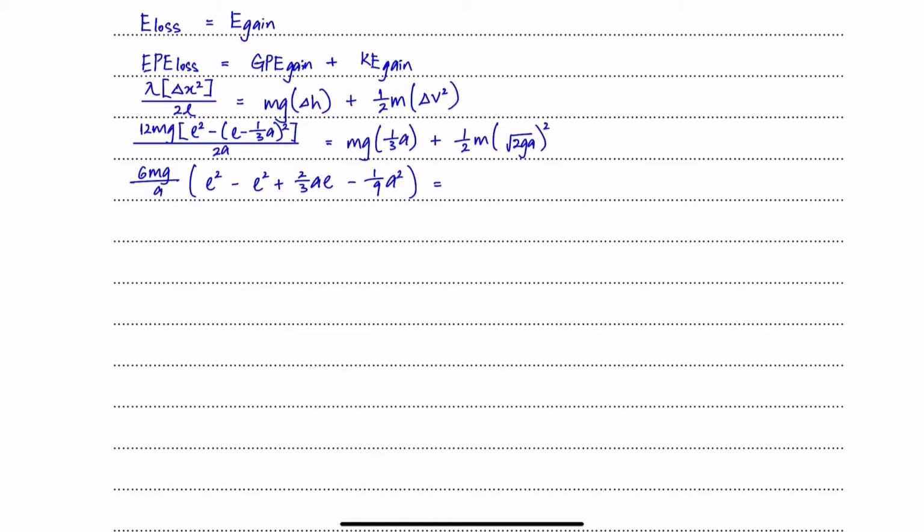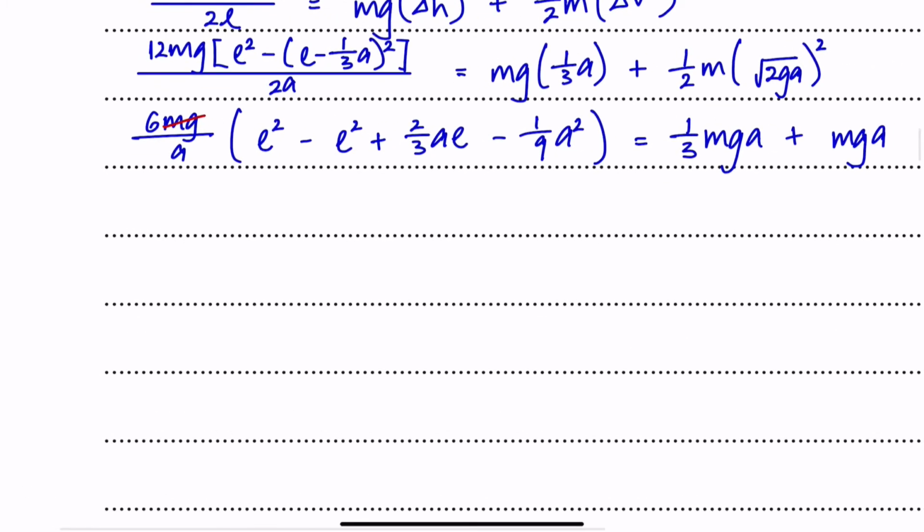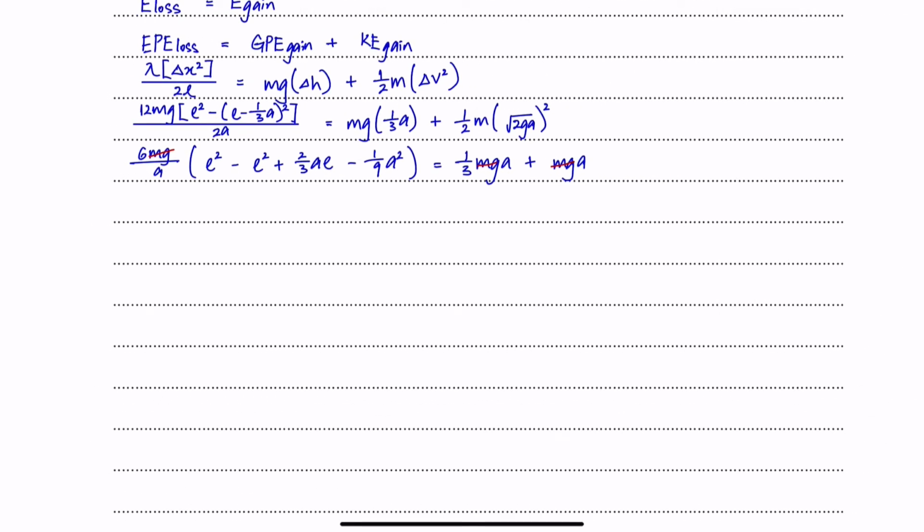And for the right side, we have 1 over 3 mga plus mga. So we can cancel off mg, and now we have 6 over a times 2 over 3 ae minus 1 over 9 a squared.